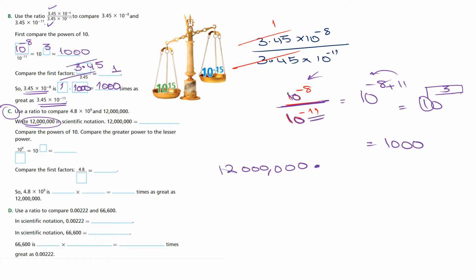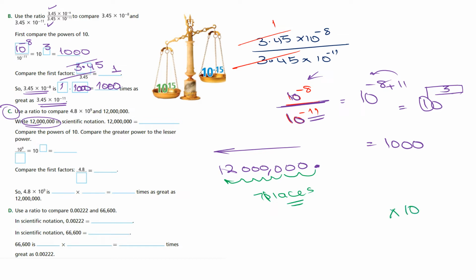Move to the left. When we move to the left, what will we do? We write the negative power. 2, 3, 4, 5, 6 and 7 places. So 7 places moving, that's in the scientific notation. Moving towards the left means negative power.